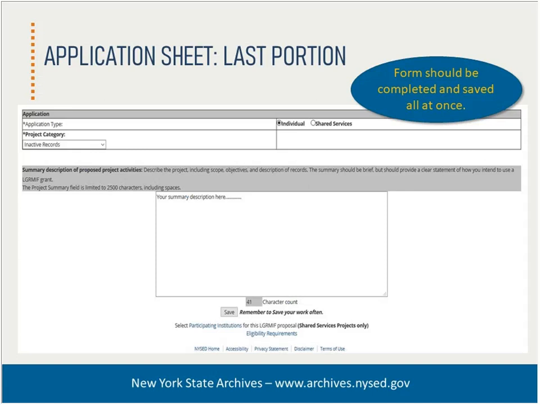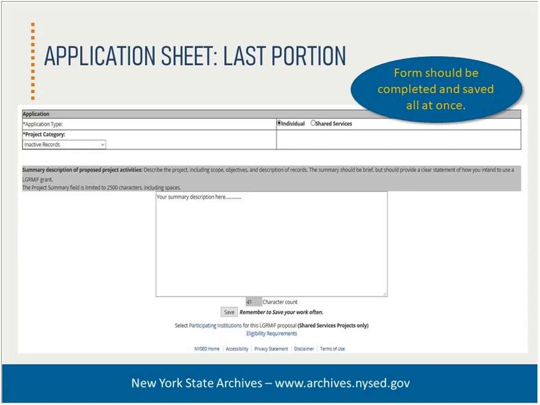Project categories are inactive records, files management, historical records, document conversion and access, and disaster management. Once you've selected from those options, you'll type up a brief summary of your grant proposal. Don't forget to hit save, though, when you're done so you don't lose your data.